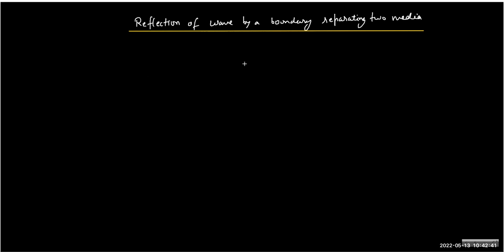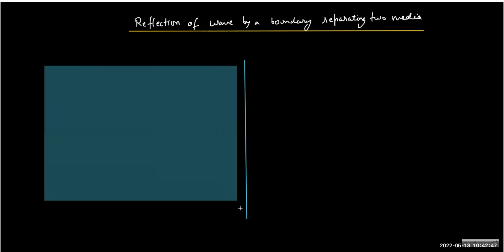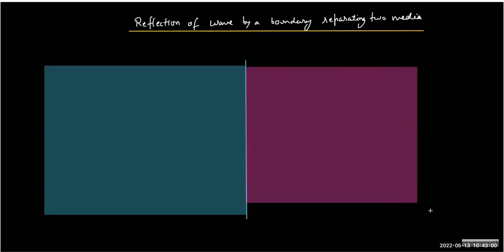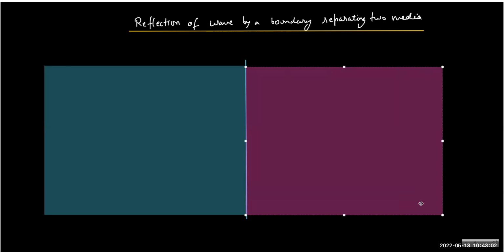So imagine we have a boundary and there are two types of media. So any wave coming to the boundary, it's a traveling wave.